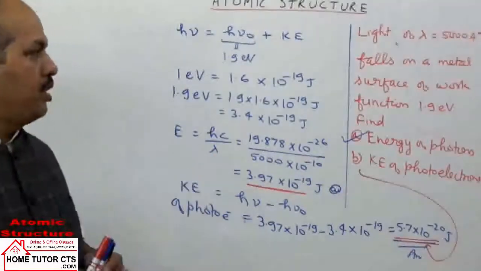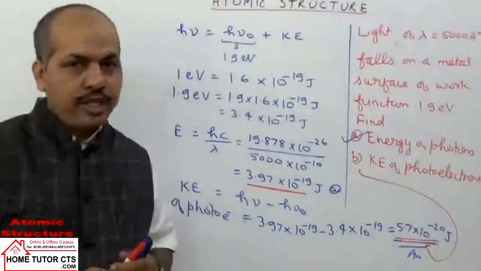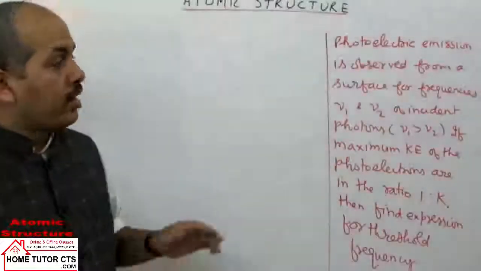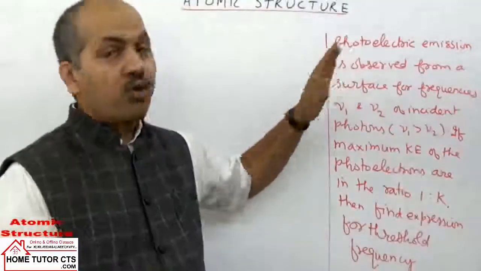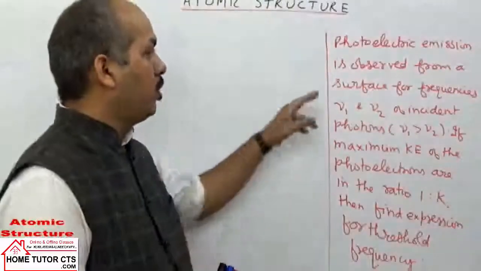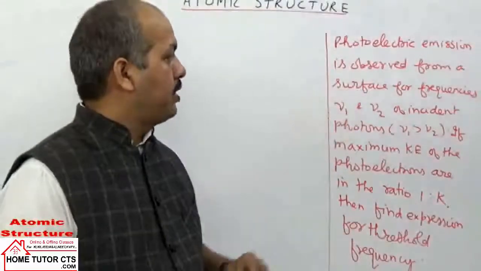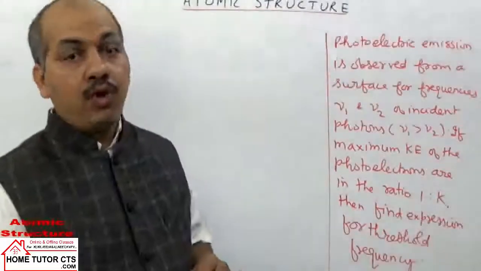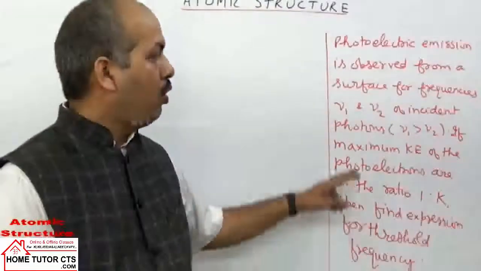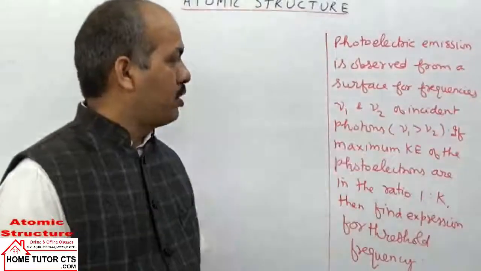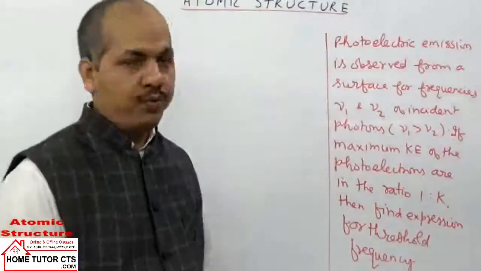Okay. So let us take the next question on this topic. Write down the question. Photoelectric emission is observed from a surface for frequencies nu1 and nu2 of incident photons, where nu1 is more than nu2.